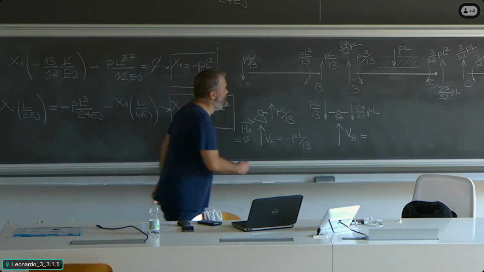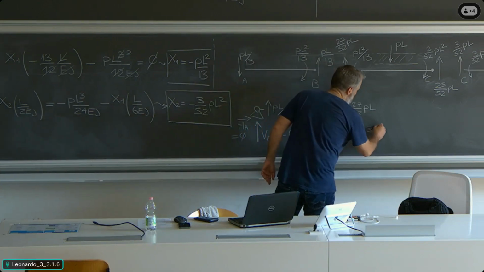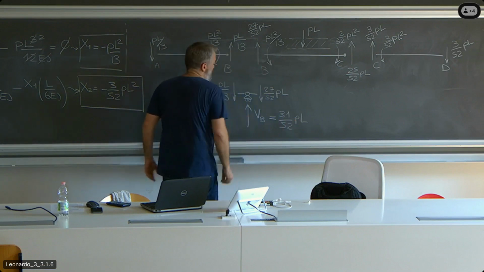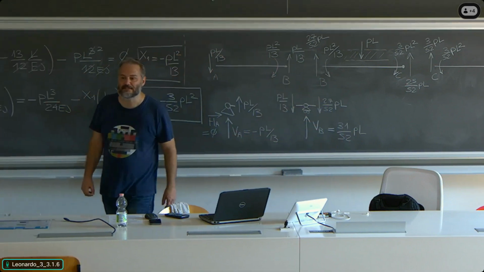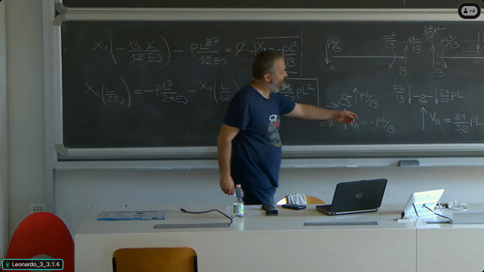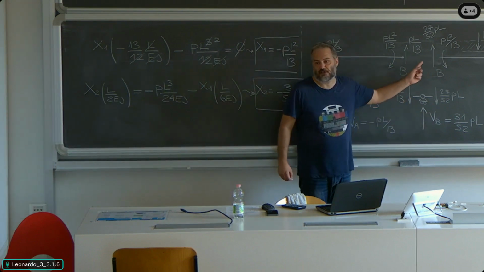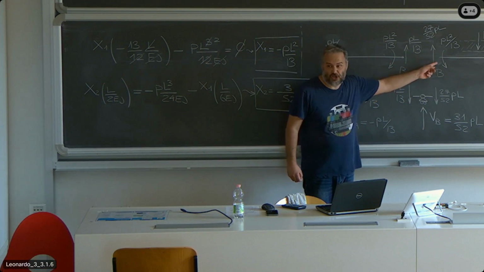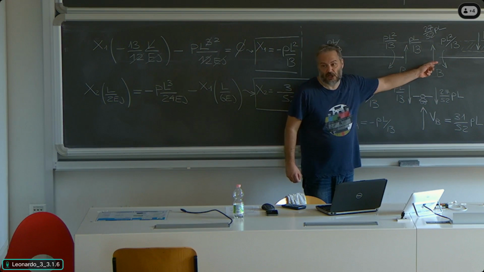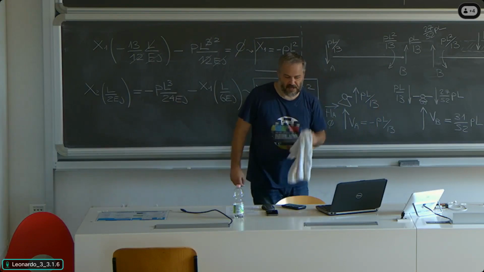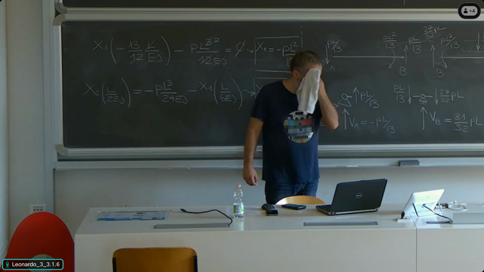The value is 31/52. And by this you see that at inner supports, the reaction force is not equal to the shear forces of the beams. In other words, also the shear forces on the beams are not equal to the reaction force. Very important for the purpose of design.